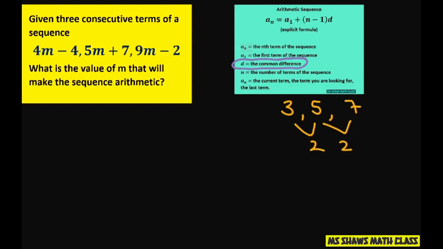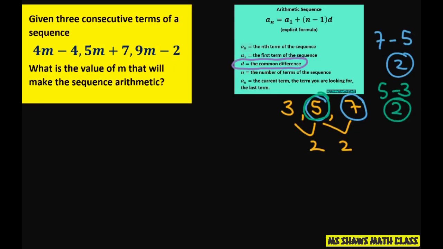The way you find that is you take your current term, 7, and subtract the previous term. So 7 minus 5 is 2. Or we could look at this term, 5 minus 3, and that also gives us 2. So that's what we're going to do with this to solve for m.